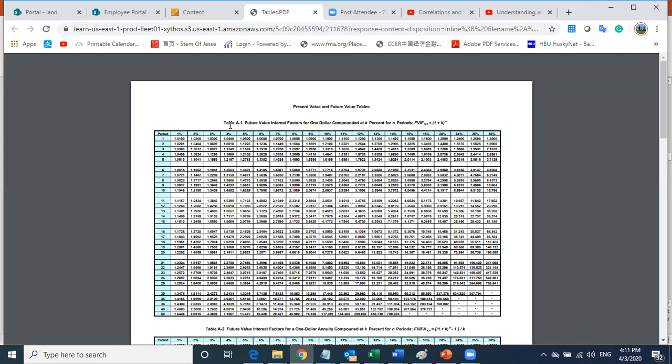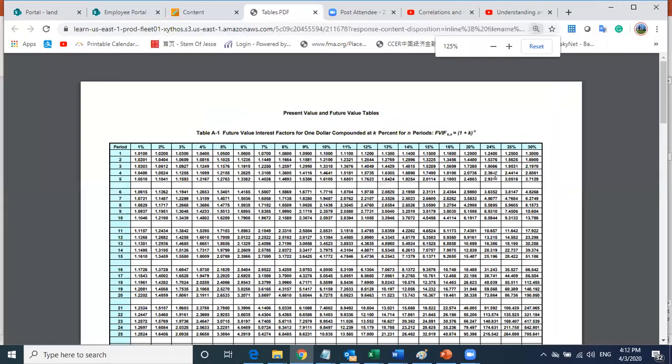So you see table A1 is for future value for $1, compounded at a certain percent, okay? So table A1 is for future value of a lump sum question. Okay, table A1, we're using that example we have.